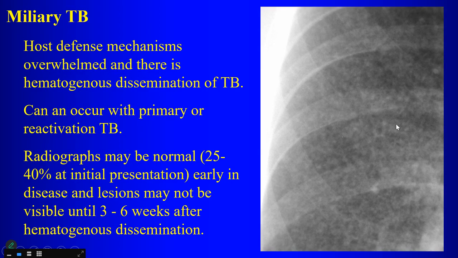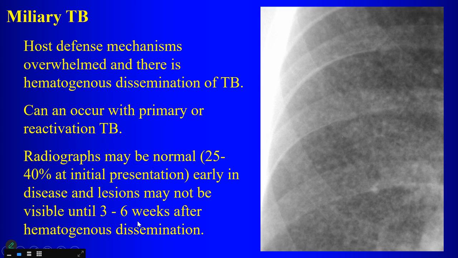Miliary TB, tiny nodules, small scattered nodules, can occur with primary or reactivation, just depends on what's going on with the patient's immune status. Radiographs may be normal in 25 to 40% at initial presentation early in disease, and the lesions may not be visible until 3 to 6 weeks after hematogenous dissemination.